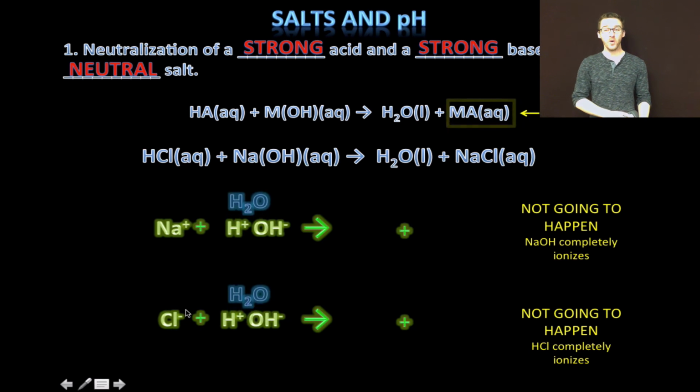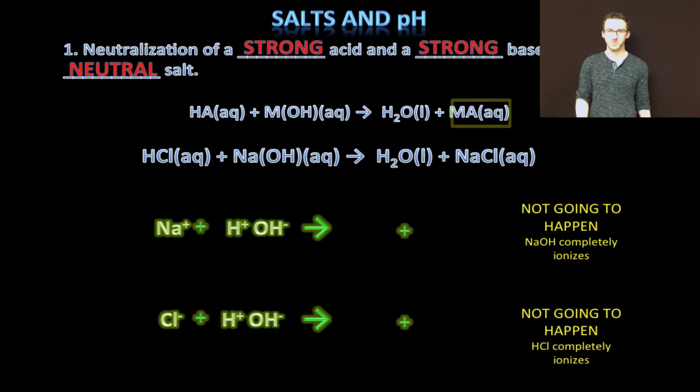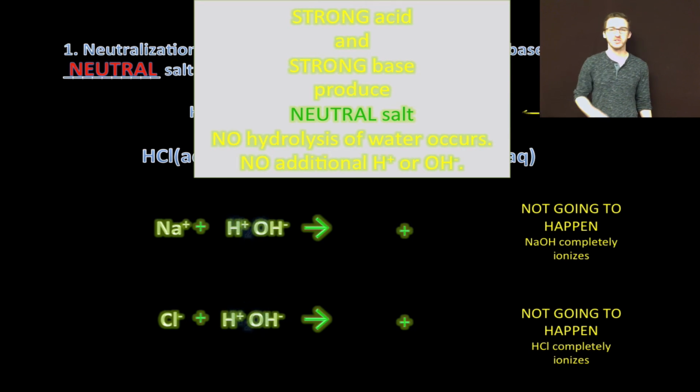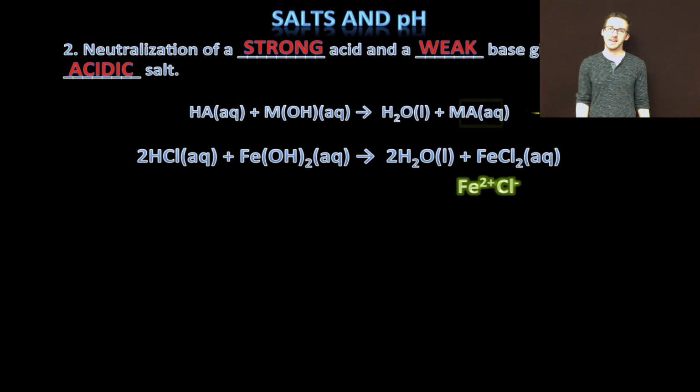So neither one of the ions that make up a neutral salt will hydrolyze water. No additional hydrogen ion or hydroxide ion will form, and therefore we say it's a neutral salt. Strong acid, strong base produce neutral salt. No hydrolysis of water occurs, no additional hydrogen ion or hydroxide ion in solution. All right, let's go back and take a look at that acidic salt, iron 2 chloride.